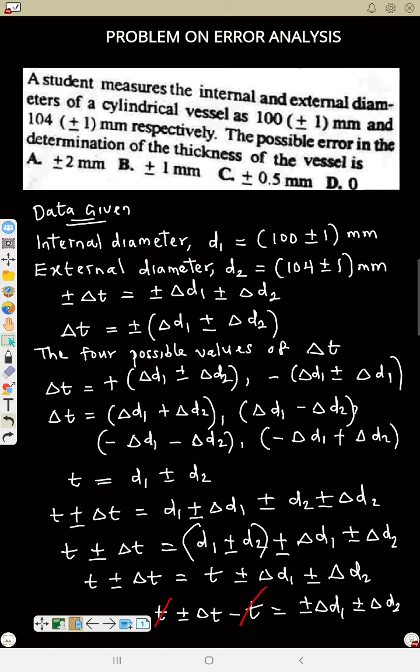So now, out of these four, we'll pick the maximum.